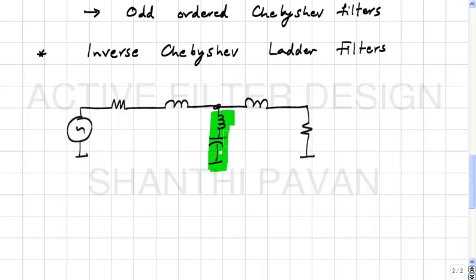Similarly, a shunt LC network's impedance goes to infinity, or it becomes an open circuit at the resonant frequency. So this is one way of introducing a zero of transmission in the network. Does it make sense?